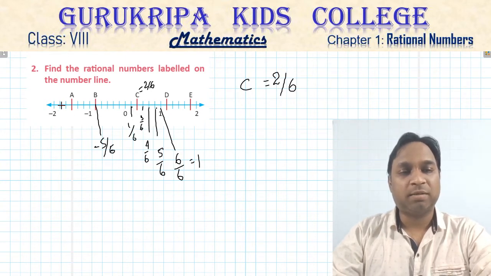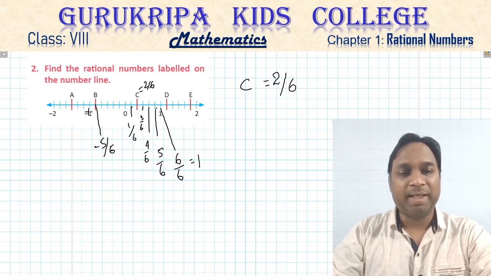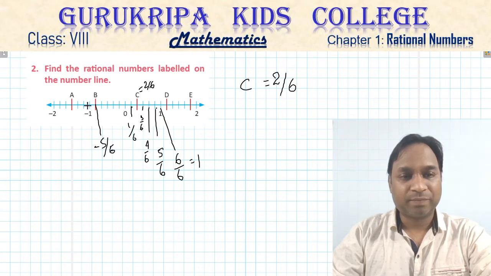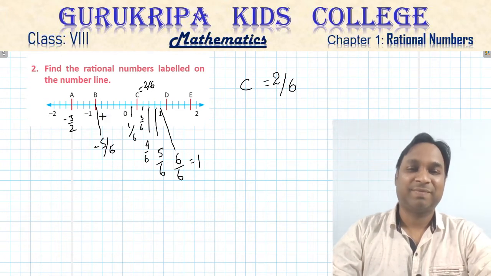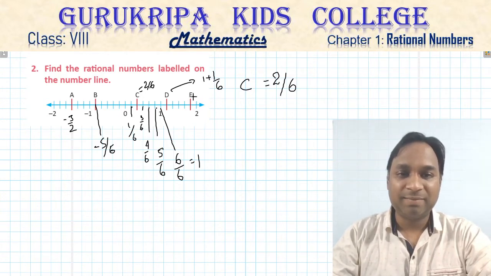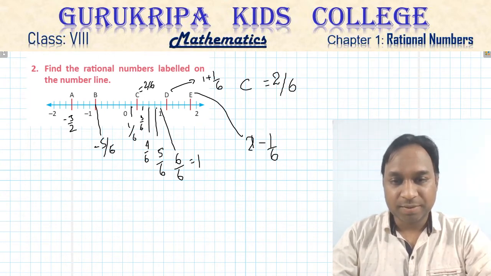There are two subdivisions between -2 and A, and two subdivisions between A and -1. So A will be minus what? 3 by 2. D will be 1 plus 1 by 6, and E will be 2 minus 1 by 6.